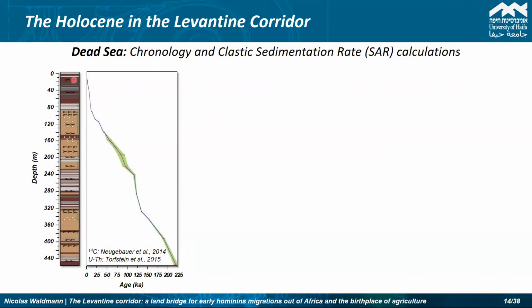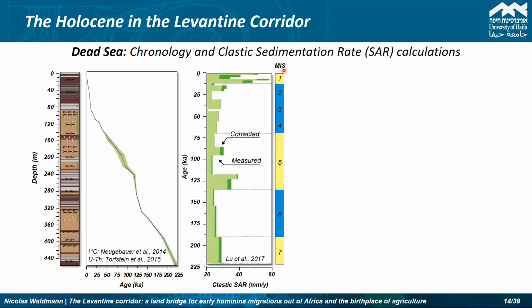Here we have more highlights, so the sedimentation rate is much faster. Here and there, this light gray color, there are highlights, and this is a more typical sedimentation rate for the cold and wet marine isotope stages, which you can see here, okay?